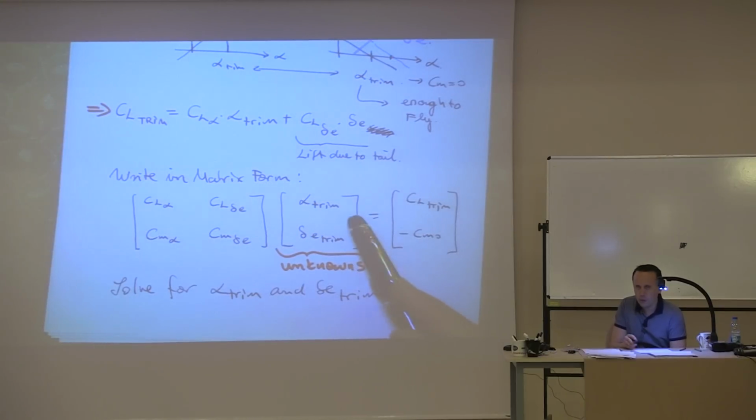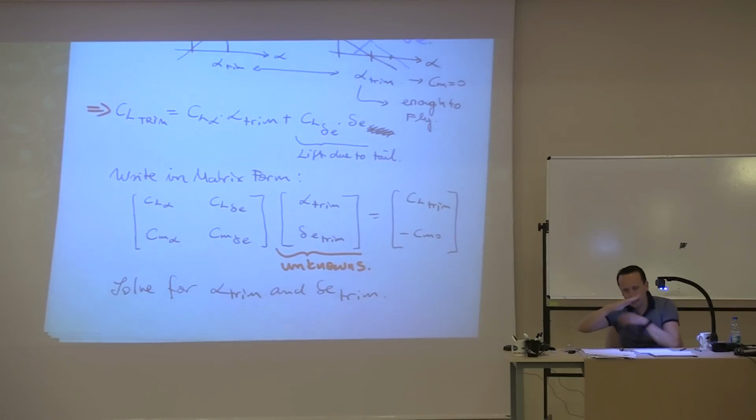So then you know at what alpha your airplane must be and how much pilot control you need at the elevator in order to fly in trim. The pilot does it naturally, right? If the airplane is falling down, he pulls the nose up, but he doesn't pull it too much up, because then you will have drag, you will slow down, so he will increase the thrust, and you will be leveling out.